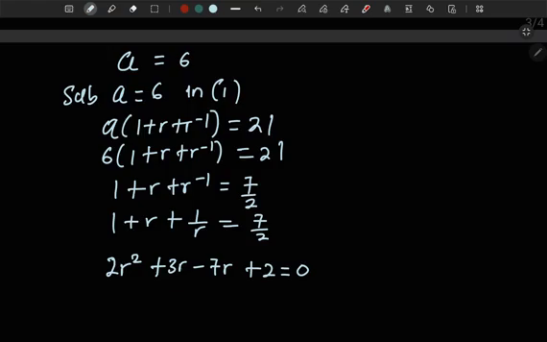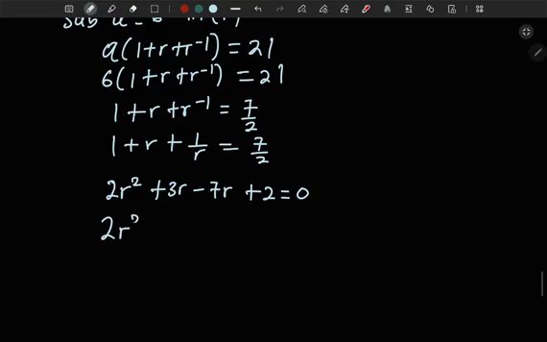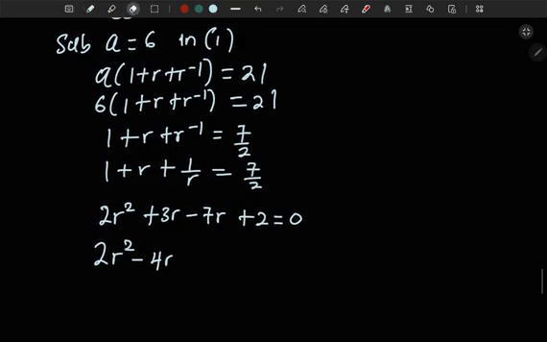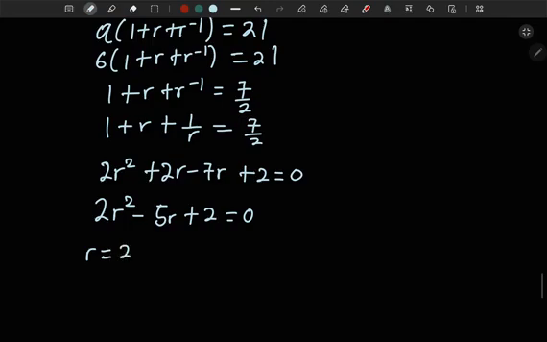I've brought 7r to the left hand side. Now from here, this is 2r squared, 2r minus 7r is minus 5r, then plus 2 equals 0. This will give us the values of r to be 2 and 1/2.